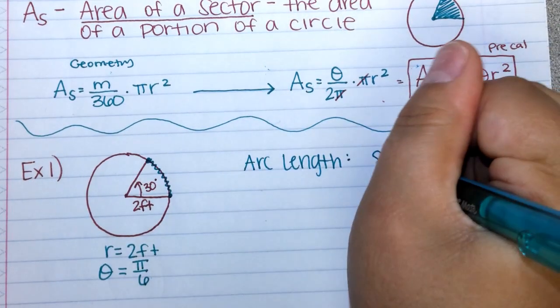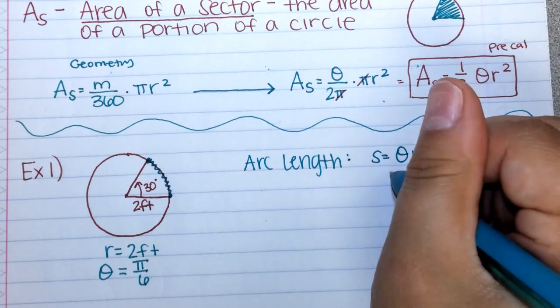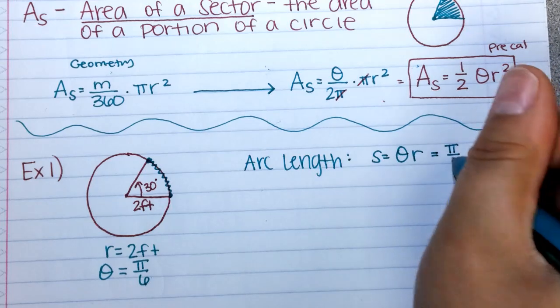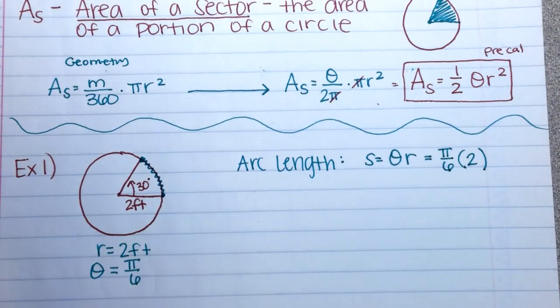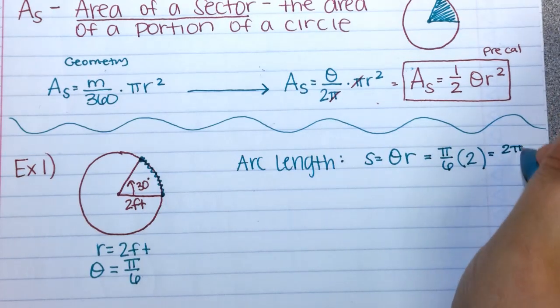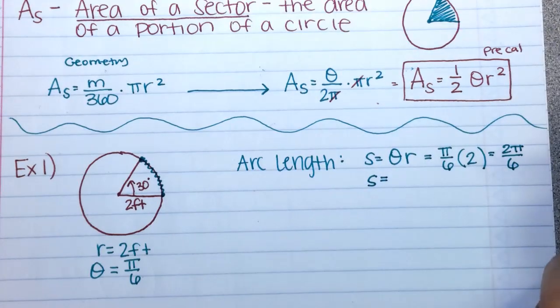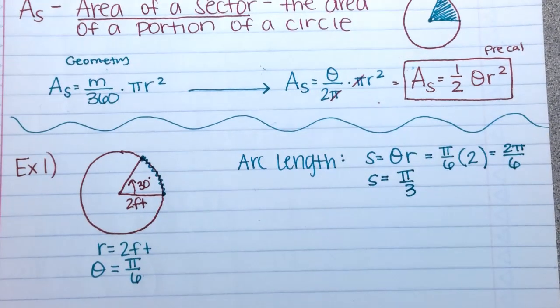So my arc length is S equals theta R, which is pi over 6 times 2. What is pi over 6 times 2? 2 pi over 6, or pi over 3.